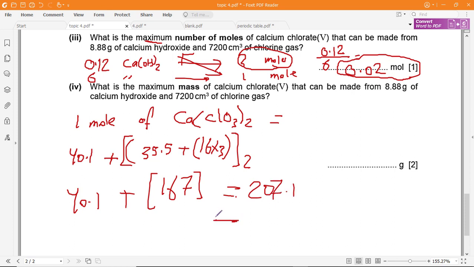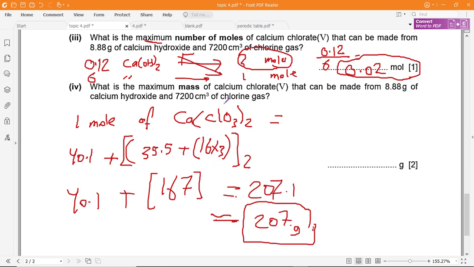So this value can be rounded off to be 207. Okay, so this is the mass of 1 mole of, as you see, calcium chlorate.